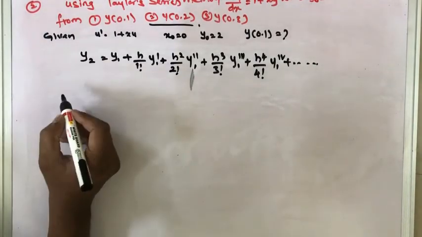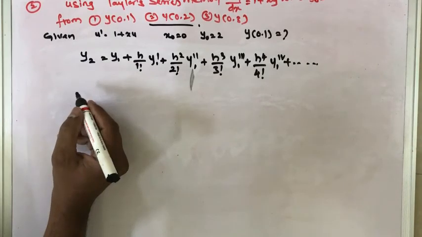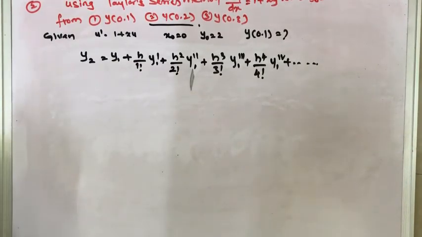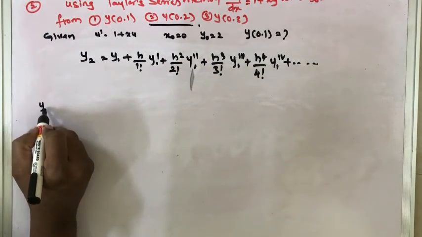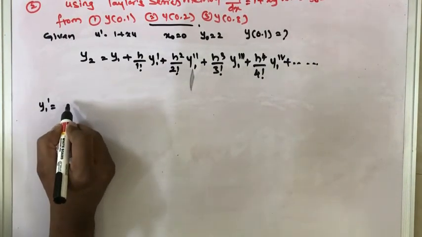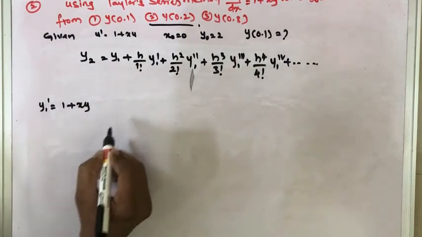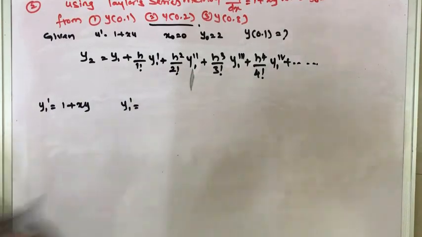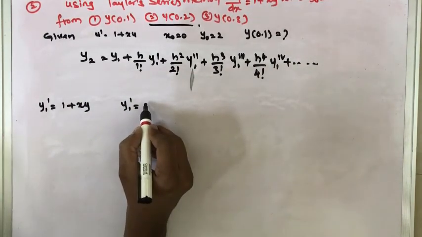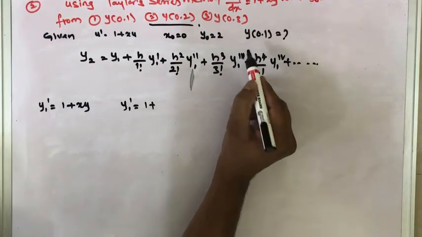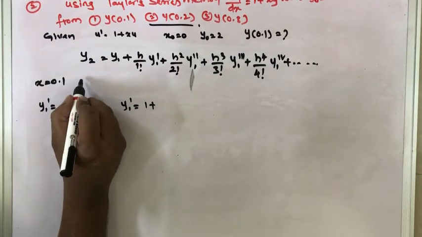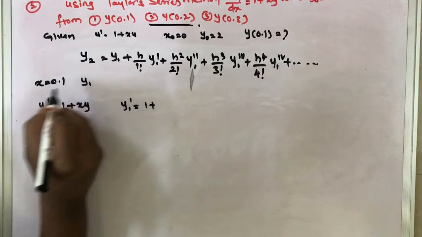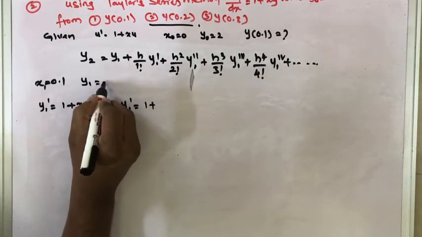Now again we have to calculate the differentiation of each equation. y1 dash equals 1 plus xy.